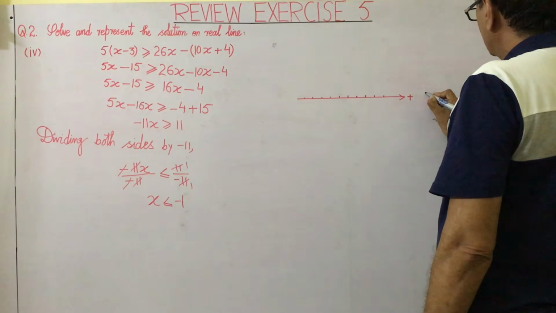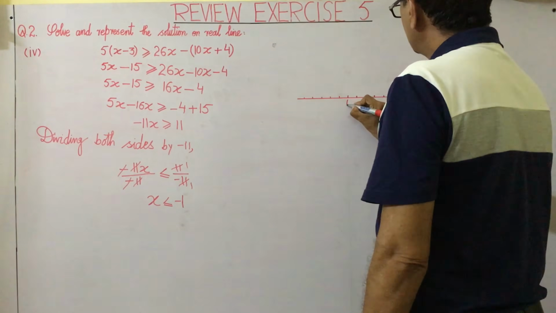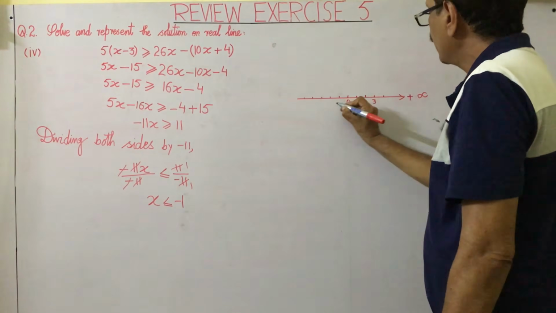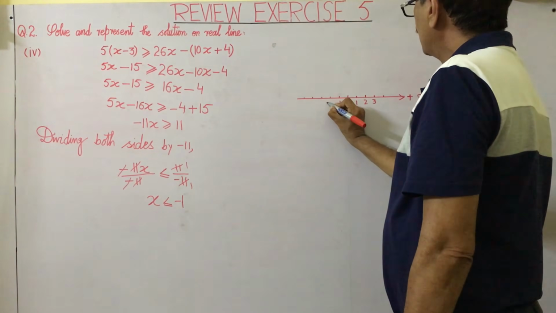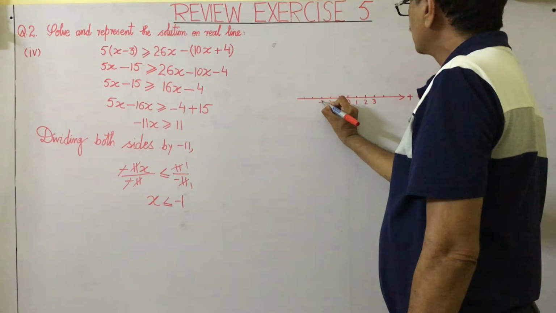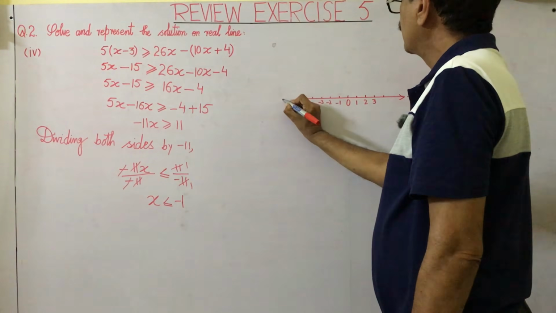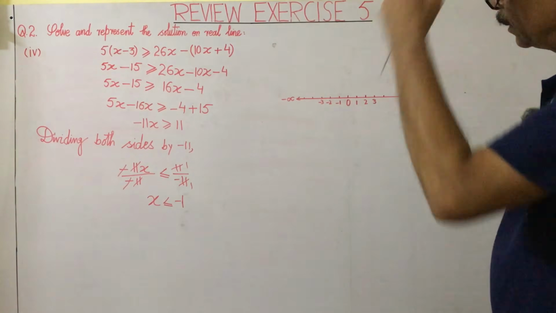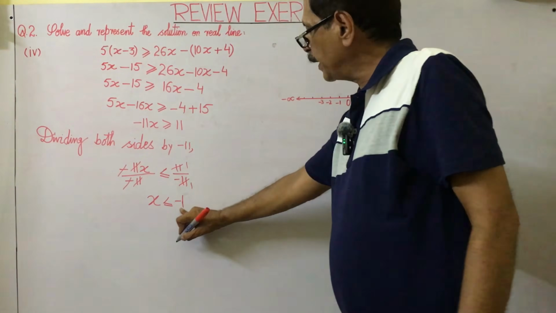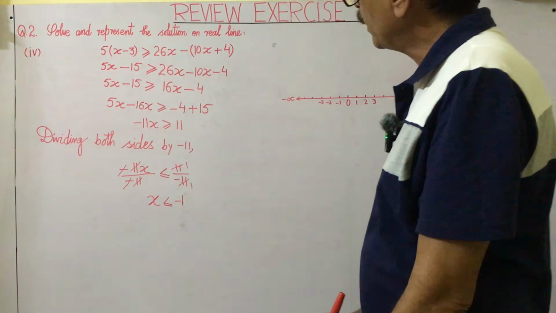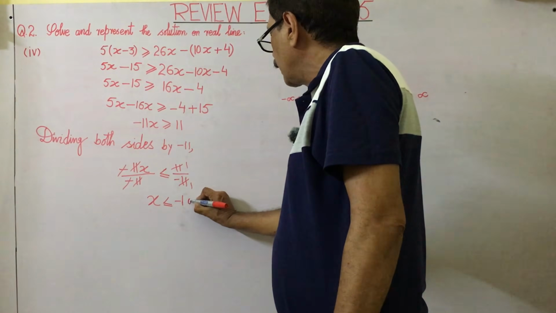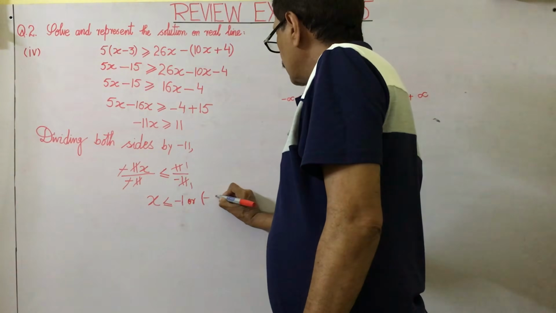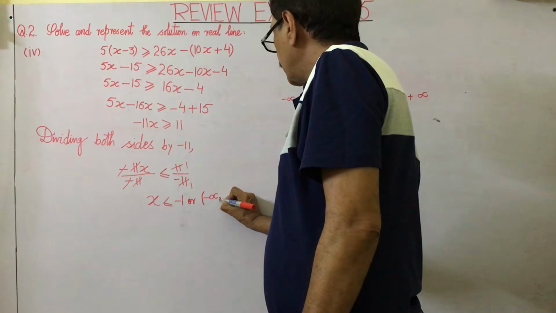Plus infinity, 0, 1, 2, 3, and so on, minus 1, minus 2, minus 3, and so on, minus infinity. x is less than or equal to minus 1 means the interval is minus infinity to minus 1.